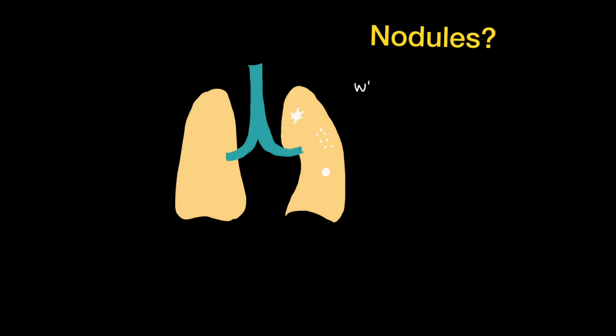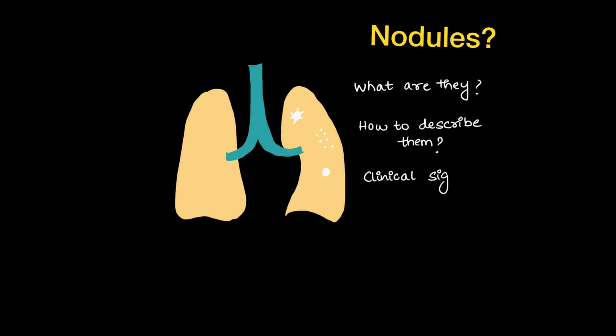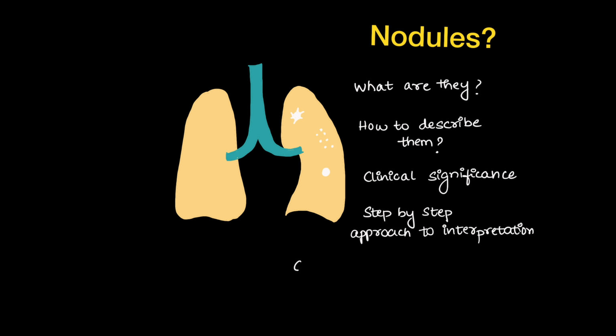In this talk, we'll be seeing what nodules are, basically concentrating on chest X-ray, not CT, how to describe them on a chest X-ray, their clinical significance if they are found on a chest X-ray, a step-by-step approach to interpreting the nodules, a few case examples, and tips and tricks while reporting the nodules on chest X-ray.